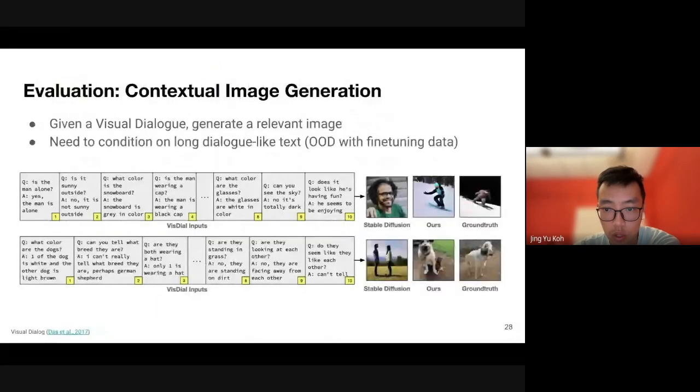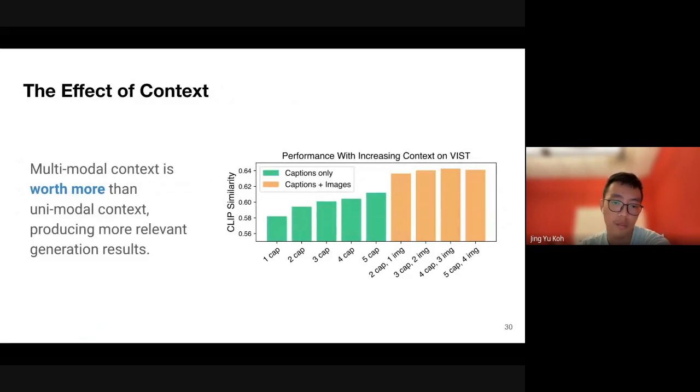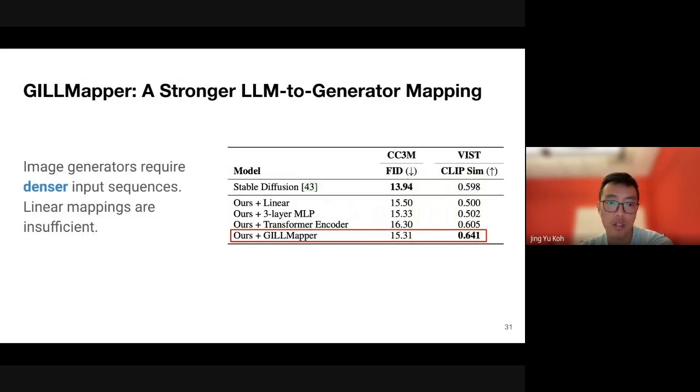Cool. So yeah, I think this was interesting. Multimodal context is worth more than unimodal context. Another ablation we ran was on the GILL mapper module. So I alluded earlier that we require denser input sequences for image generators. We require stronger mapping networks compared to just linear mappings. So we ran an ablation experiment where we compared results against Stable Diffusion on image quality as well as visual storytelling.